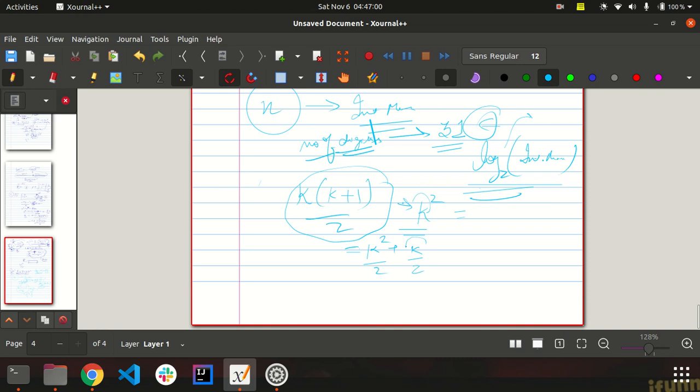Now the number of digits in this particular case would be log to the base 2 of Integer.MAX by 2. Am I right or not? That is how we can find the number of digits in k.